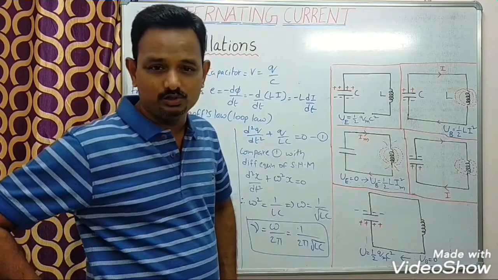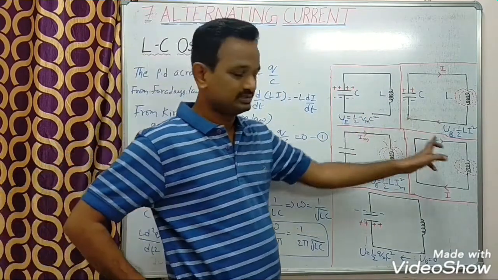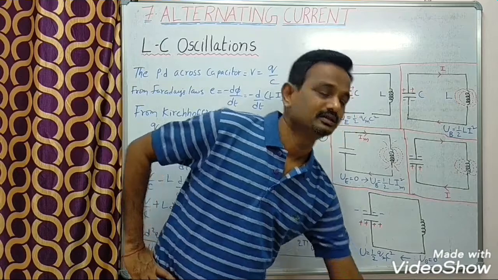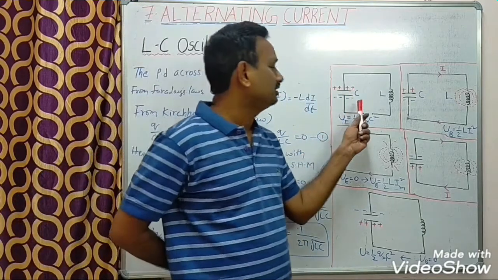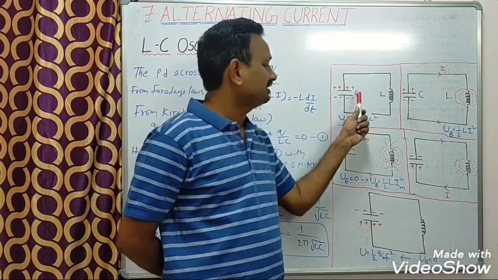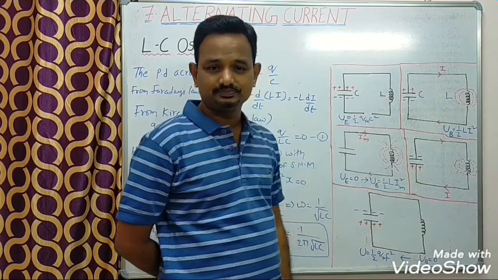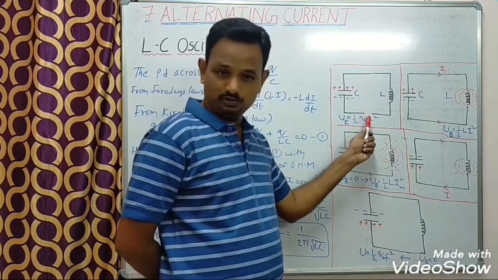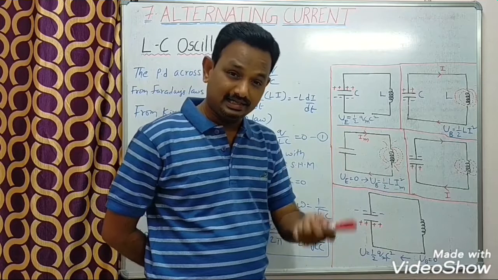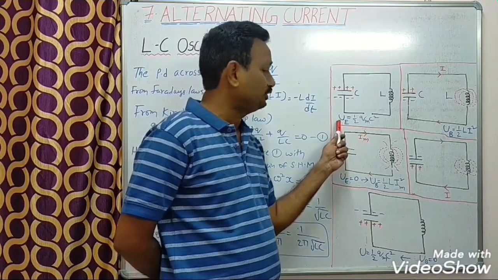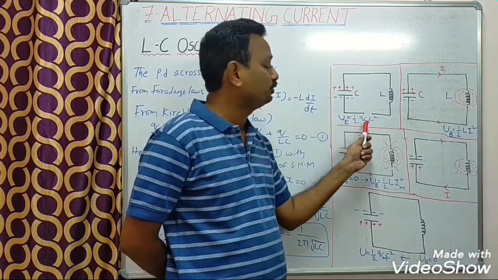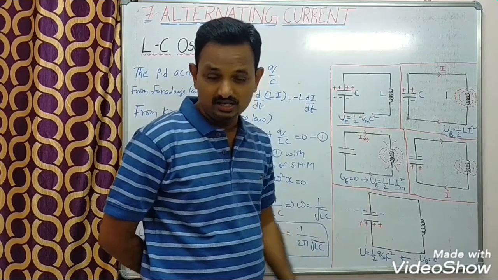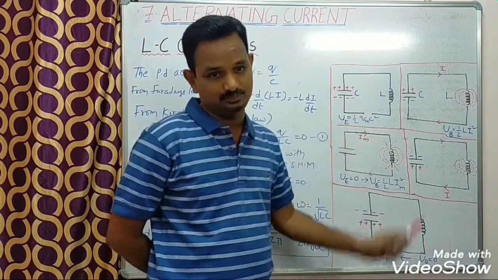Here I want to explain these circuits. Look here. In the first circuit, I connected a capacitor with an inductor. The circuit is open. Here the electrical energy stored in this capacitor, UE, equals half into Qm squared by C, where Qm is the maximum charge stored in the capacitor.